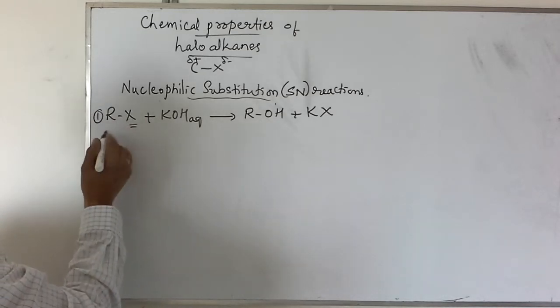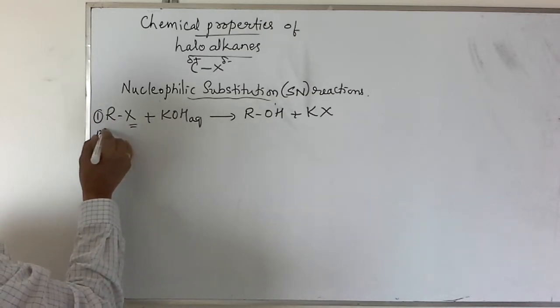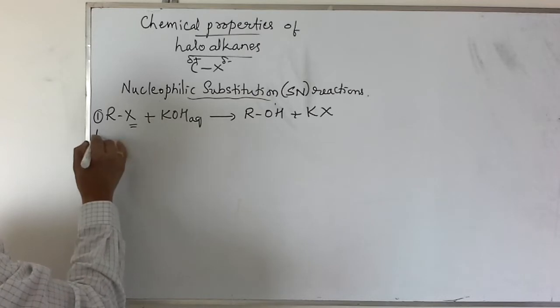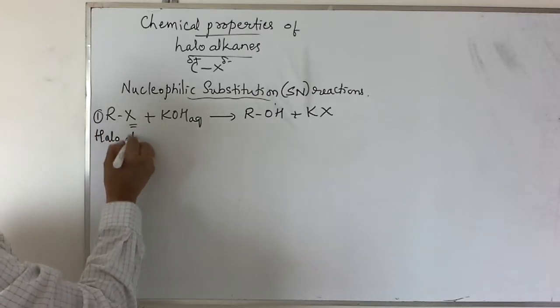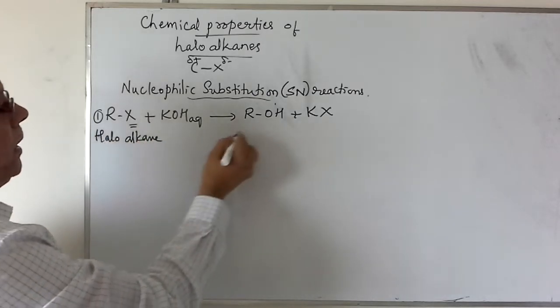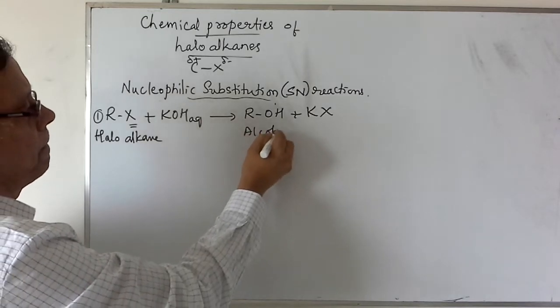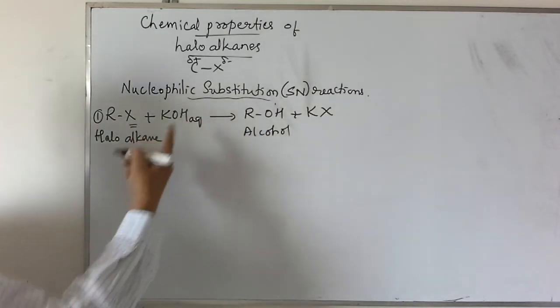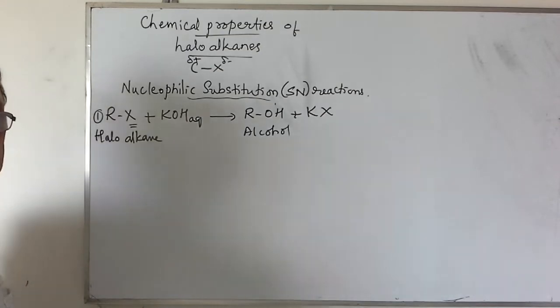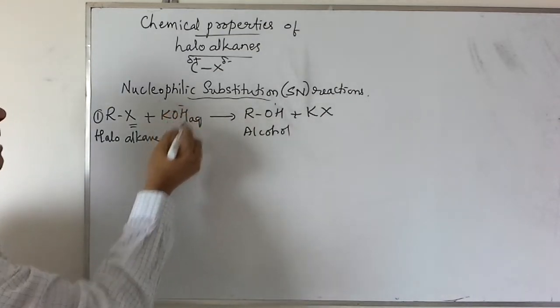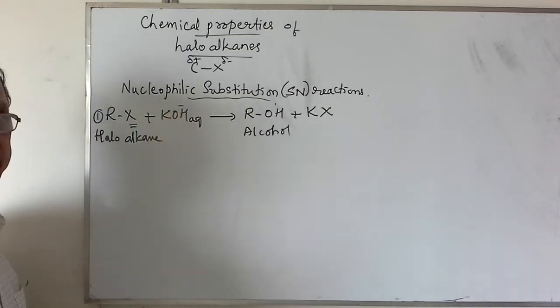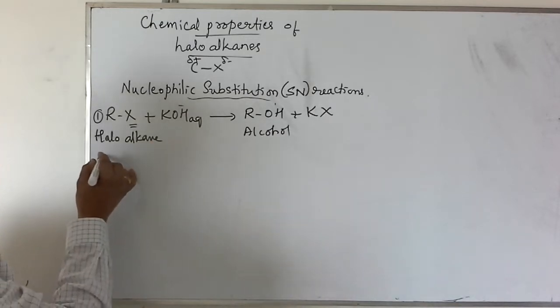This haloalkane will give rise to an alcohol. Here the OH group is negatively charged, that's why it acts as a nucleophile. That's why this reaction is a nucleophilic substitution reaction.